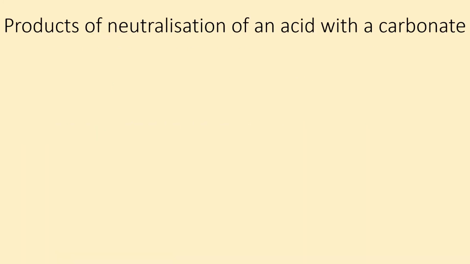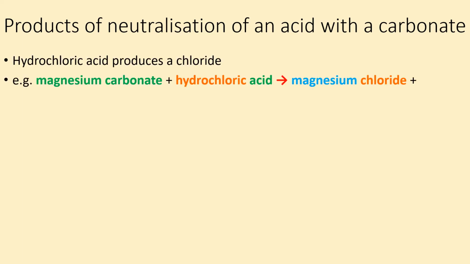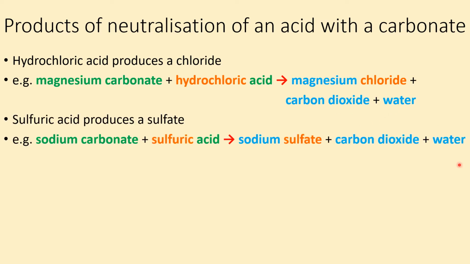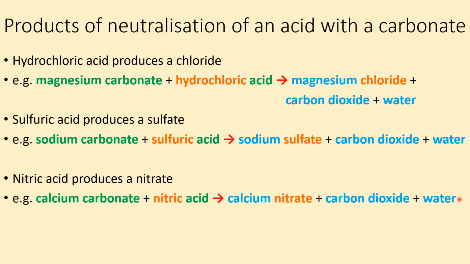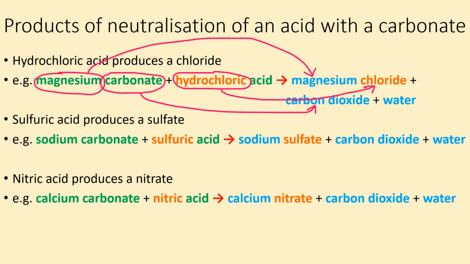So products of neutralization of an acid with a carbonate. Hydrochloric acid produces a chloride again, and carbon dioxide and water. Sulfuric acid makes a sulfate, carbon dioxide and water. And nitric acid makes a nitrate plus carbon dioxide and water. You notice the pattern.